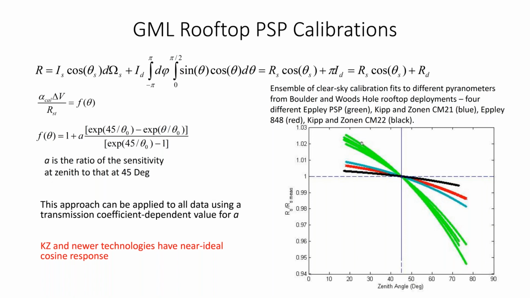Here on the right, I'm showing four Epplys in green, and they have a significant non-cosine behavior. That has to be taken into account to get the most accurate results. I won't go through the details, but in principle, that can be taken care of.